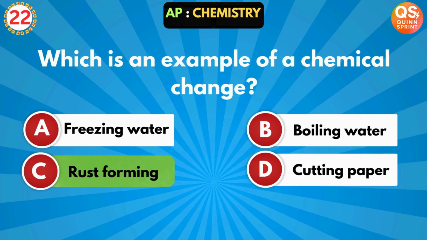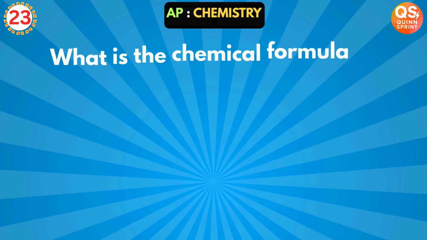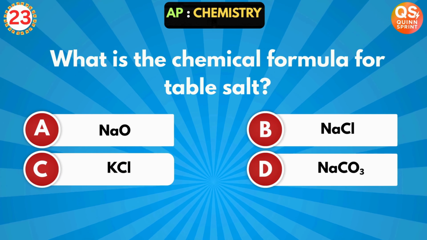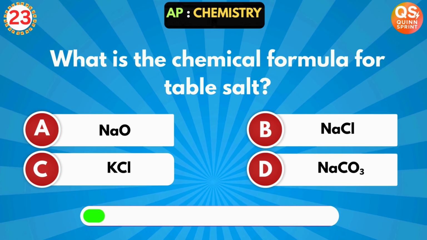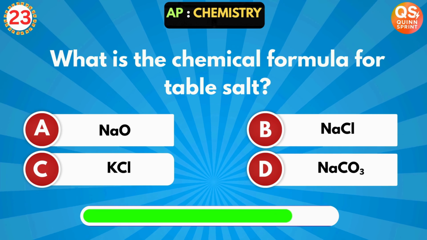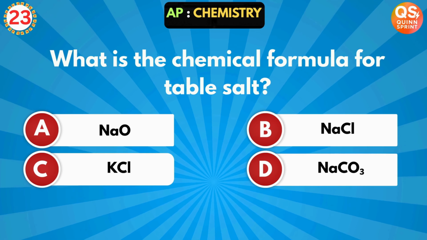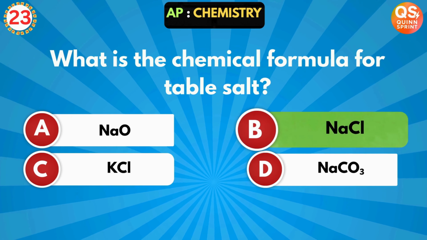Rust forming. What is the chemical formula for table salt? Sodium chloride.